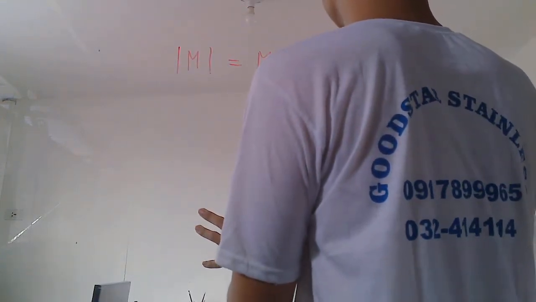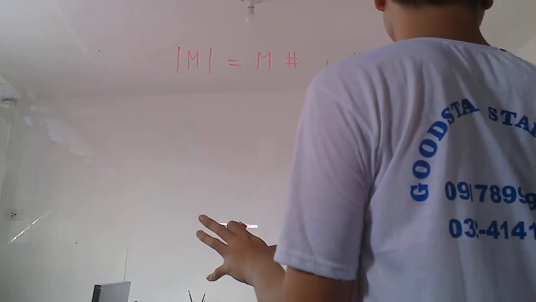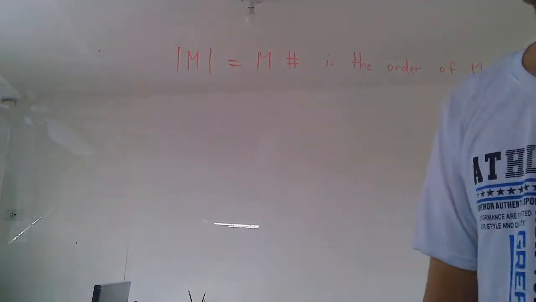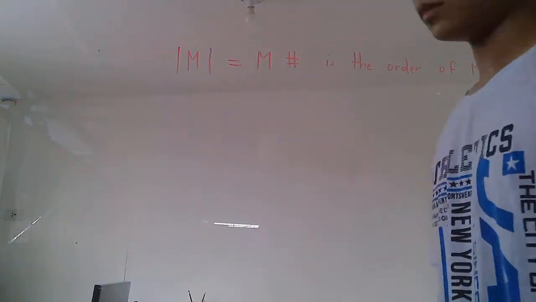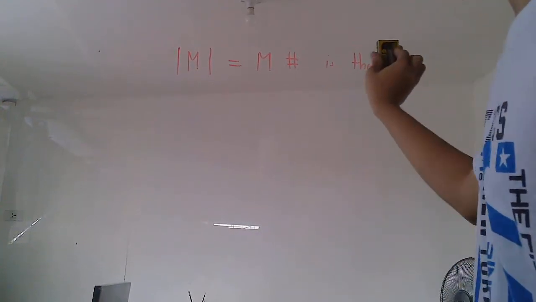So the amount of elements inside a manifold M, this M sharp, is the order of M. And these things are described via atlases.